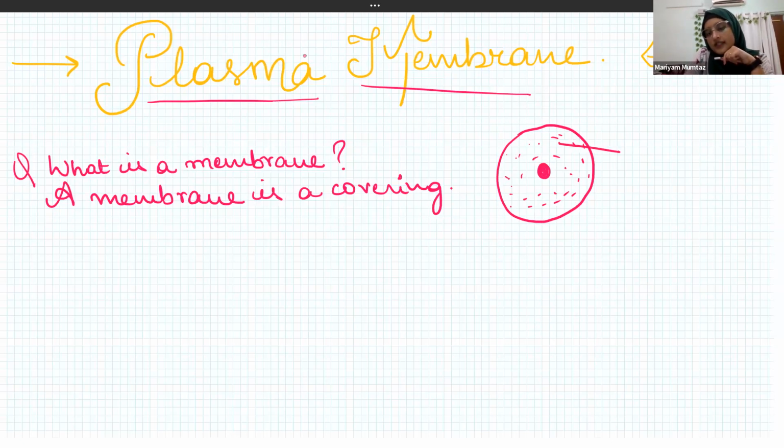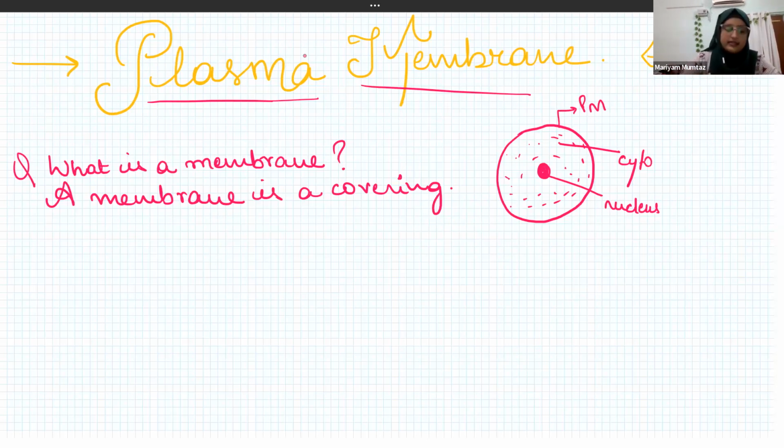This covering, do you see the surrounding? This particular part is known as the plasma membrane. It encloses all the components inside. If nucleus and cytoplasm are the components of the cell, it is enclosed by a plasma membrane.